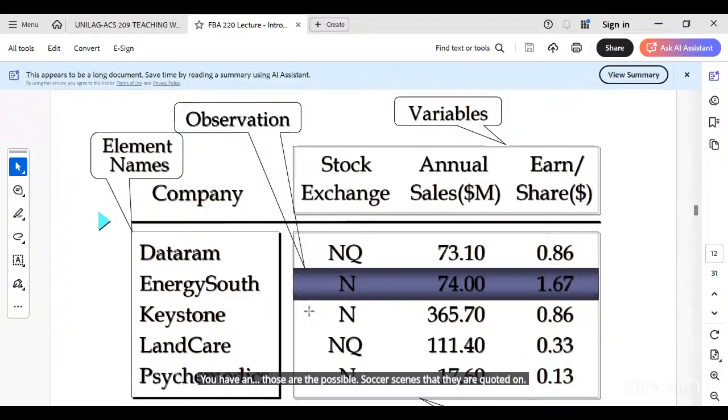And then the annual sales, you have them in figures, 73.1 in millions, and so on. Then you have your earning per share, 1.67 for Energy South, and so on. This is how the data structure looks like. And this explains the relationship between elements, observations, and variable.